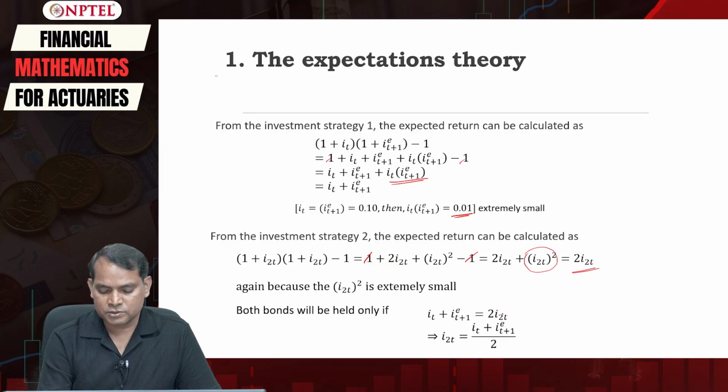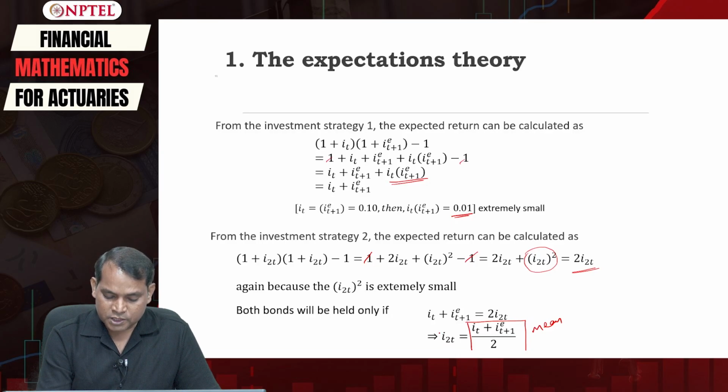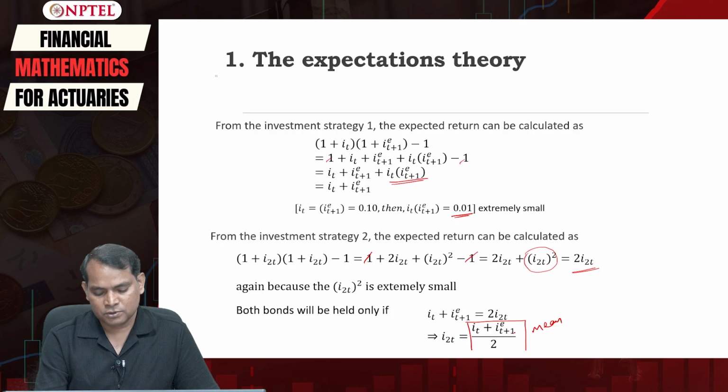Solving for i_2t, the long term interest rate, we get i_2t equals (i_t plus i_{t+1}^e) divided by 2. Basically this is just the mean or average value. So the interest rate for a 2-year bond is just equal to the average of two 1-year bonds.